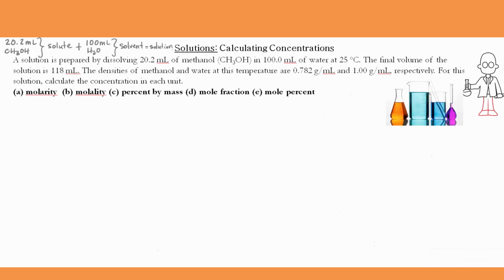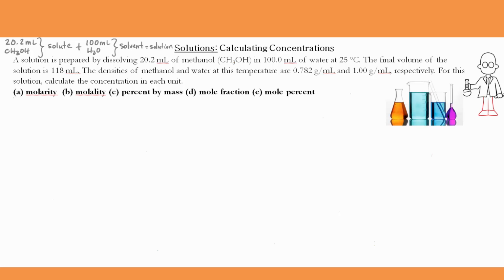Okay? Now, we are given a volume in milliliters. So we know for molarity, molality, and mole fraction, mole percent, we're going to need the number of moles of solute and moles of solvent for mole fraction.